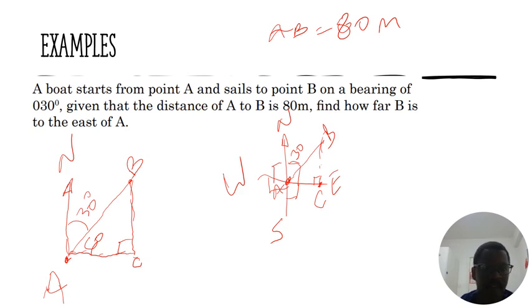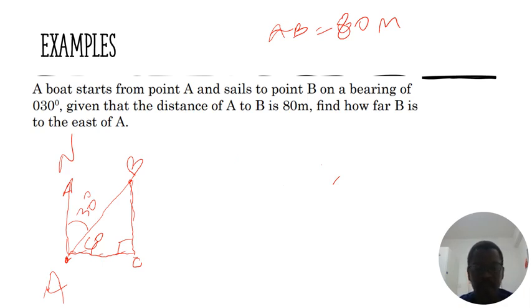Okay, so we have a triangle ABC, where you are given AB as 80 meters, which means you have a right-angled triangle which has an angle of 60 degrees and the hypotenuse is given as 80 meters.